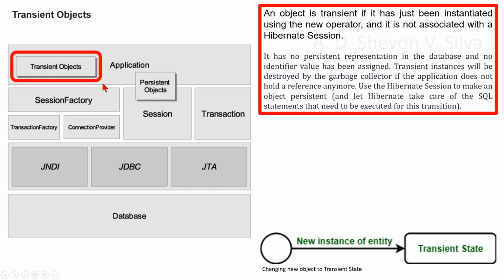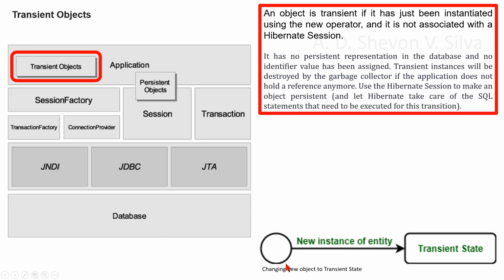Transient instances will be destroyed by the garbage collector if the application does not hold a reference anymore. Use the Hibernate session to make an object persistent and let Hibernate take care of the SQL statements that need to be executed for this transaction.